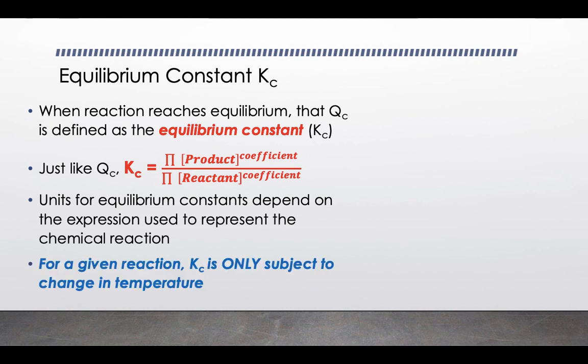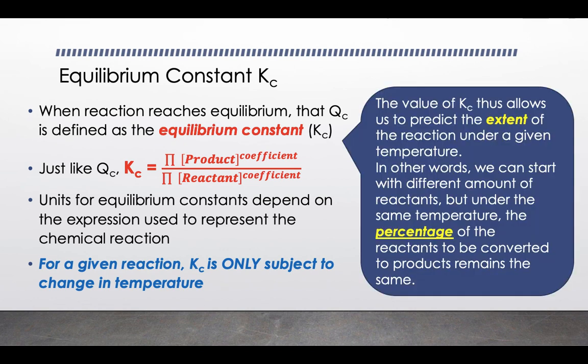For a given reaction, Kc is only subject to change in temperature. If you change the concentration of particular reactants, it doesn't matter. When the system reaches equilibrium, Kc will always be the same, unless you change the temperature, and then Kc will change.